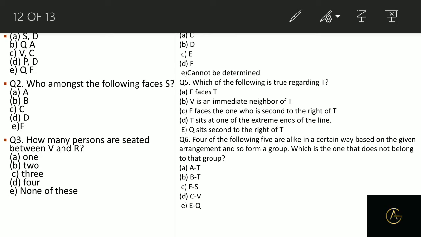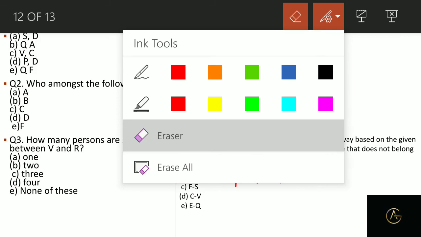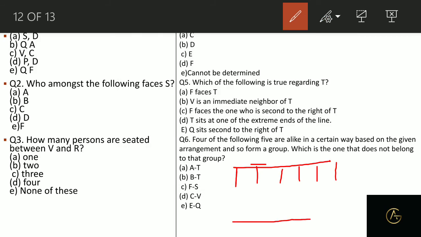Now let me draw for the answers. Let me try to draw here: 1, 2, 3, 4, 5, 6. It's only 6 again. 1, 2, 3, 4, 5, 6.